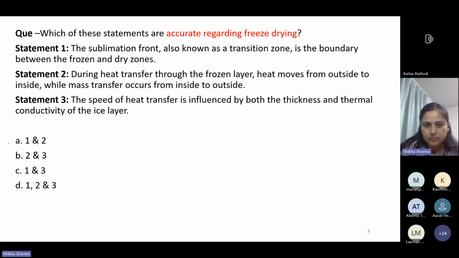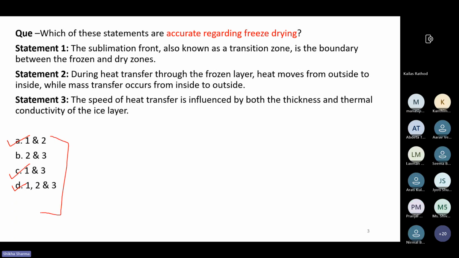So we have option C and D or B. Somebody said D or B? D, ma'am. 1, 2, 3. Okay. So we get these options as till now, which everyone is saying. So anyone else?